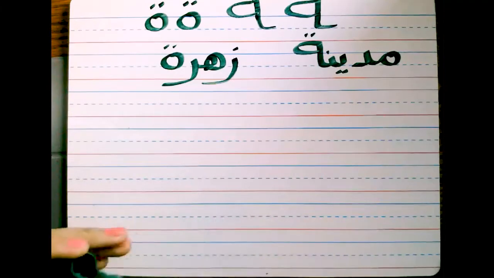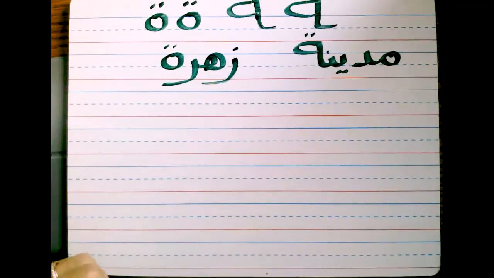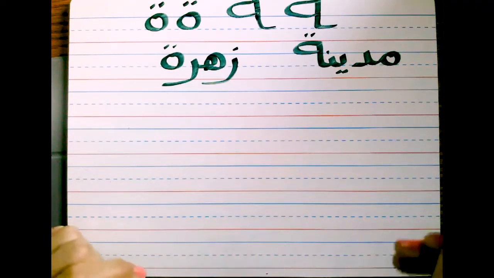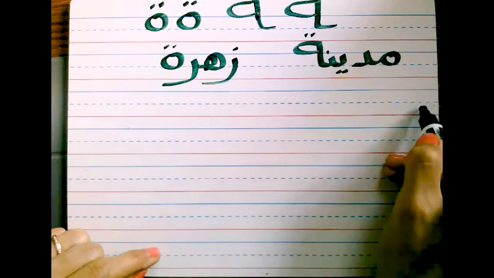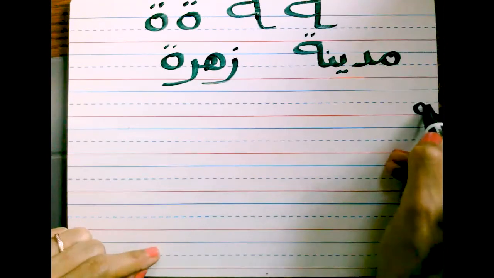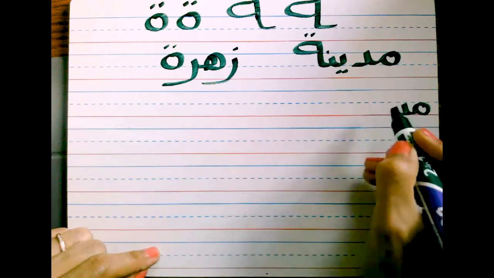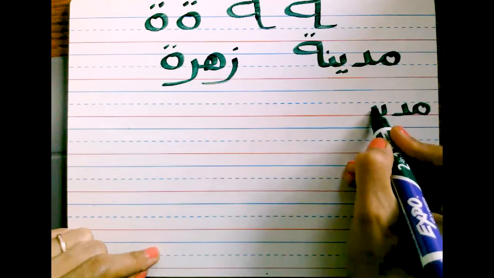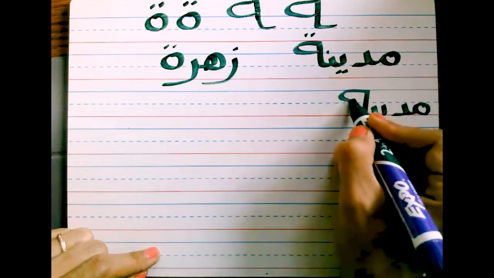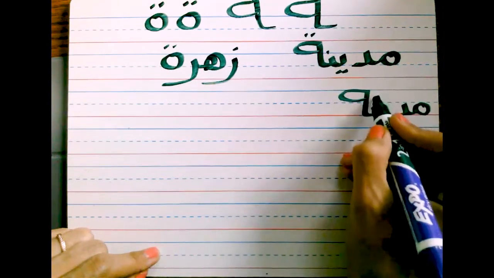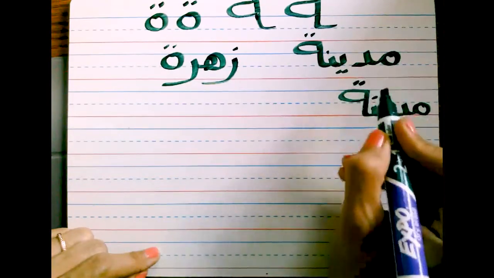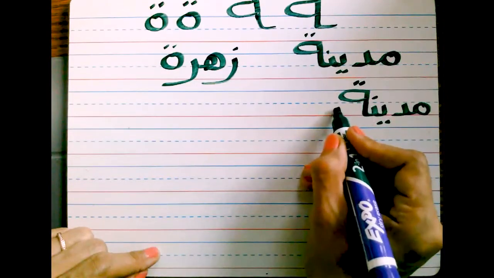But maybe you noticed when we say Medinat Boulder, the ta marbuta is pronounced. When it is part of a possessive structure, a structure that means of, you have to pronounce the ta marbuta.